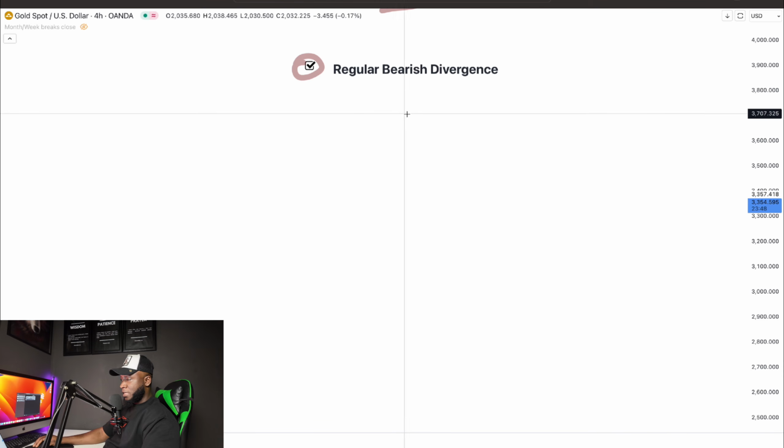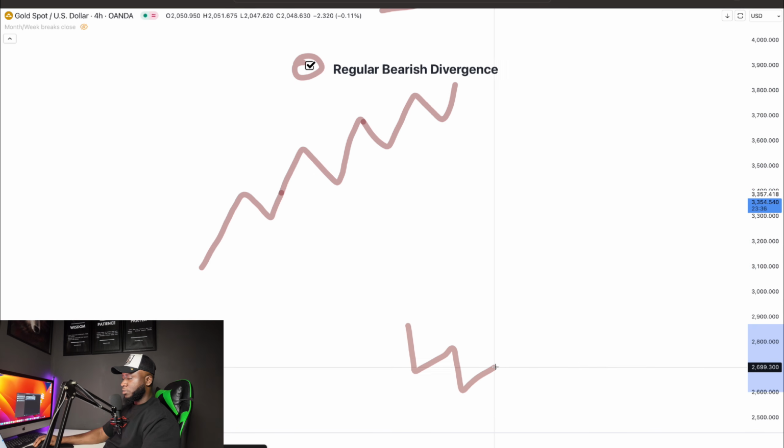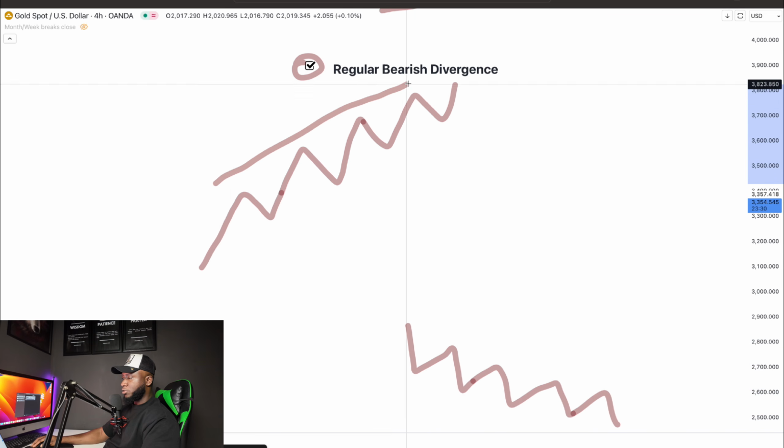The bearish divergence is just the opposite, right? Where we have price action creating higher highs and higher lows like that. And then we have the RSI also creating this structure, right? So we have the RSI creating lower highs. So we're focusing on the tops. We have the market creating higher highs. So higher high, higher high, higher high, higher high.